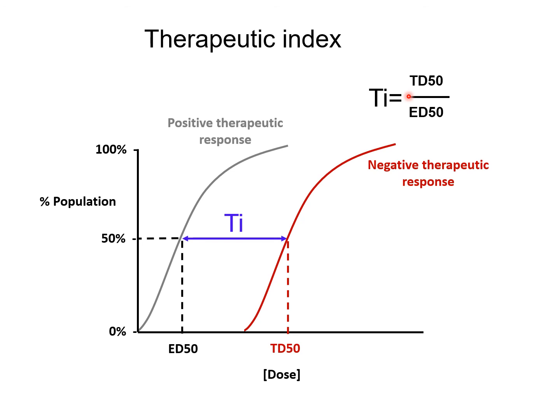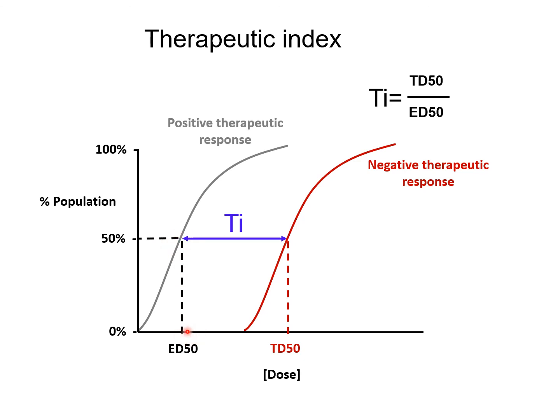So the therapeutic index is simply the ratio of the dose of a drug that produces toxicity in 50% of the population to the dose of a drug that produces an effective response in 50% of the population.